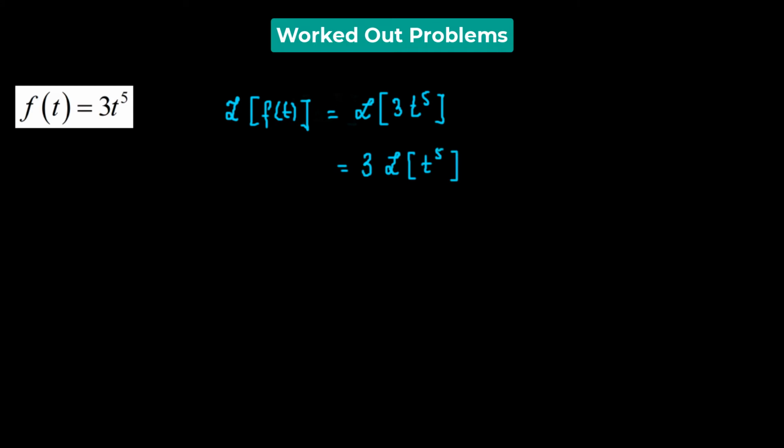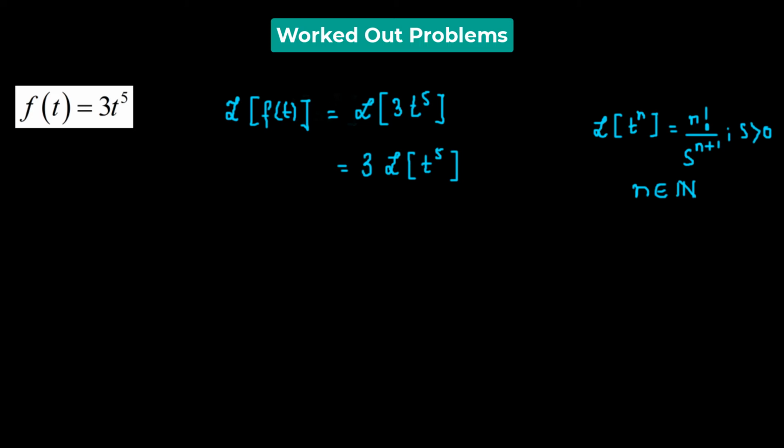of 5. Now we're going to use the property that t raised to the power of n, the Laplace transform of this particular function is going to be equal to n factorial over s raised to the power of n plus 1, where s must be greater than 0, and this particular formula holds when n belongs to the set of natural numbers.